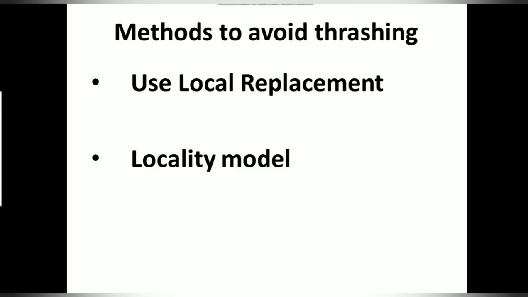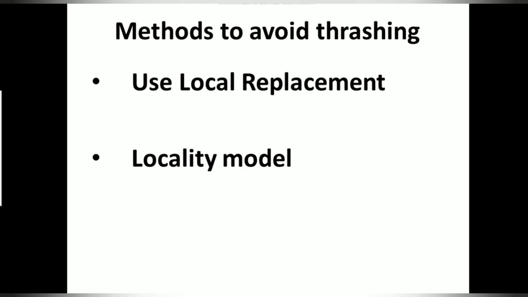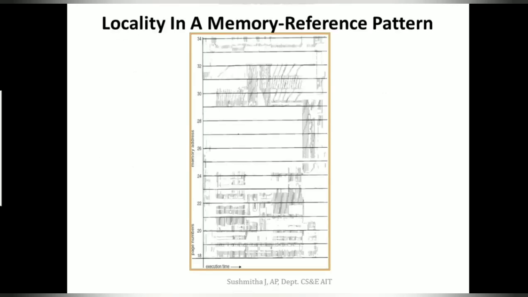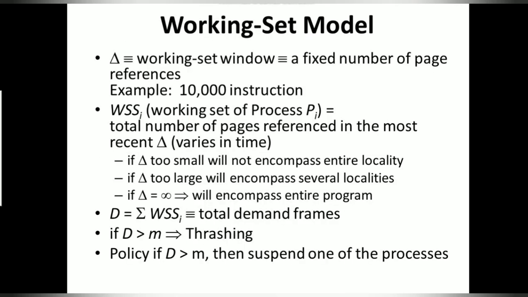So now we try to have an understanding of what is a locality model. Based on this locality model, we have the working set model, which is a technique to handle thrashing.